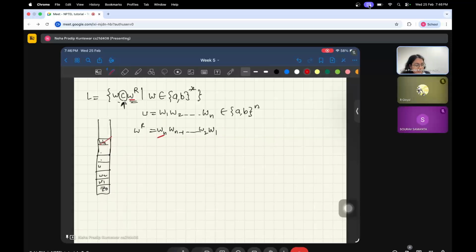And you keep on doing this. And they should match, by the way. So if this is an A, then this better be an A. If this is a B, then this should also be a B. You keep on doing this. So that is what is happening, right? You are accessing the W in the reverse order here and checking if it matches with the W reversal.